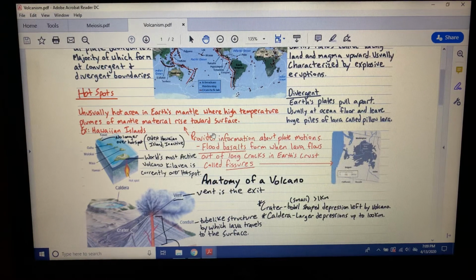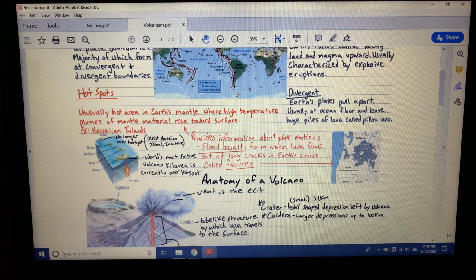Hotspots are going to provide information about plate motion because, as they move, it can tell us how those plates are shifting, the direction they'll be shifting, as we can look at how the hotspot itself is moving.